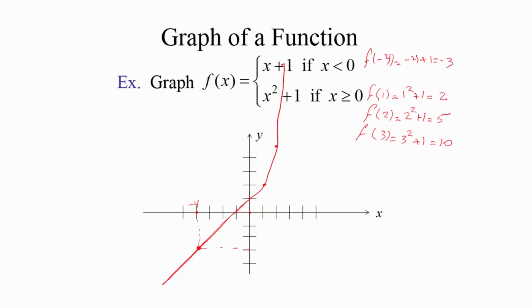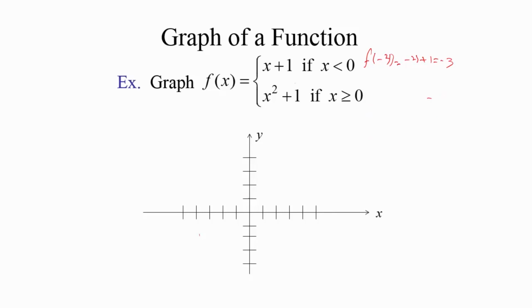So a function is defined differently for different values of x. In this case, 0 is a cutoff point. So let's see how they graph this. Again, you notice when x is negative, it is a linear function. When x is 0 or positive, it's a nonlinear function. It's a curve.